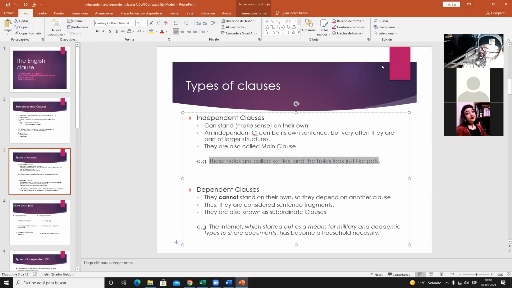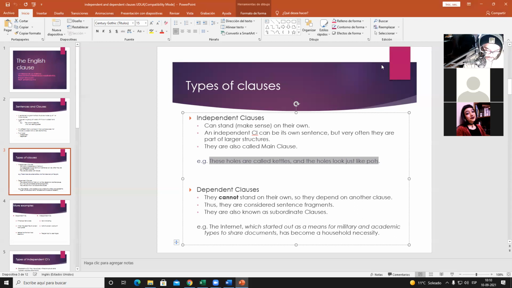Second point: as dependent clauses can't stand on their own and they must be attached to something else, they are considered sentence fragments and not pure sentences. Do you remember that independent clauses can be considered simple sentences, mainly because they have enough meaning, and because sentences are created out of one or more clauses?